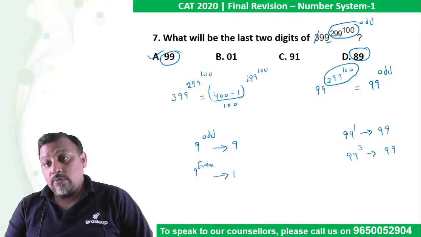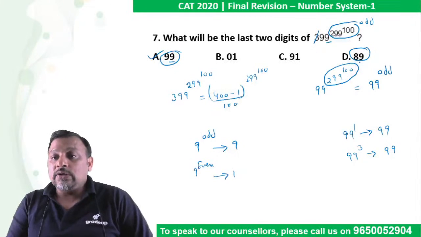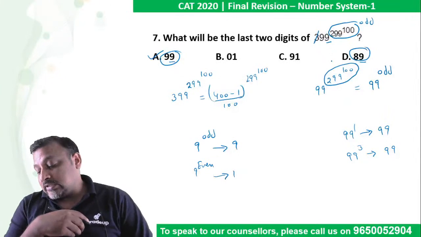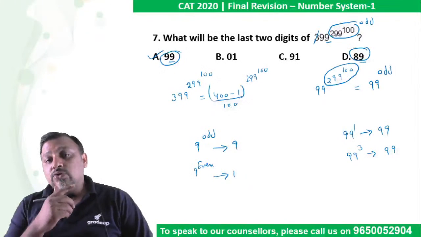If I am using the concept of unit digit, I can be sure of the unit digit only. I cannot be sure about the tens digit, so I cannot use that concept to come to a conclusion in this question.